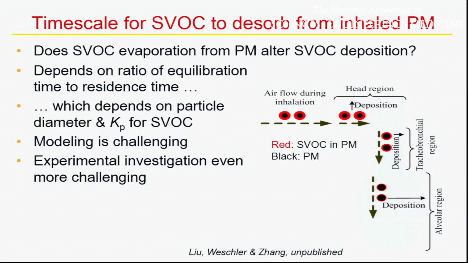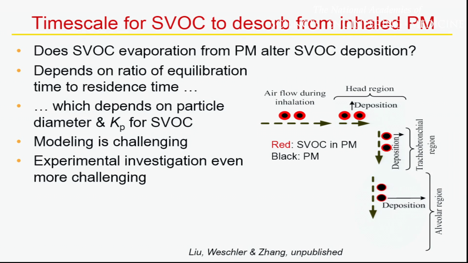Well, the answer to this question depends on a comparison between the equilibration time and the residence time in various sections of the respiratory tract. Now, we know in turn that the equilibration time is going to depend on particle diameter and the partition coefficient.